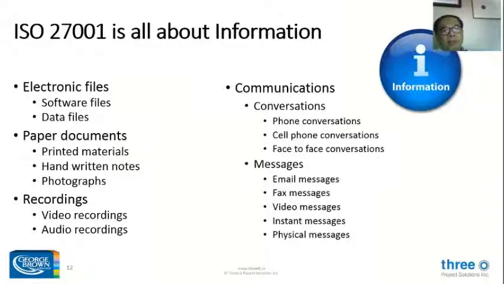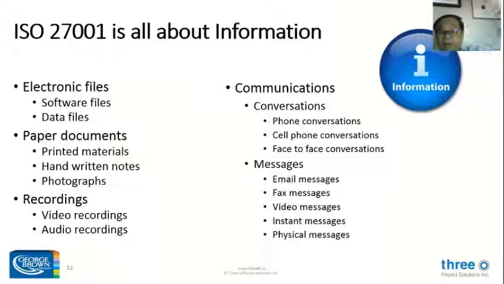What this is about is all about information. The ISO standard on information security practice covers information, period. So what kind of information? All kinds of information. We're probably looking at electronic files like software files and data files, probably just data to begin with. But we're talking about software files as well.